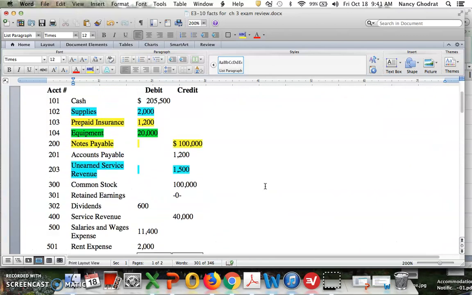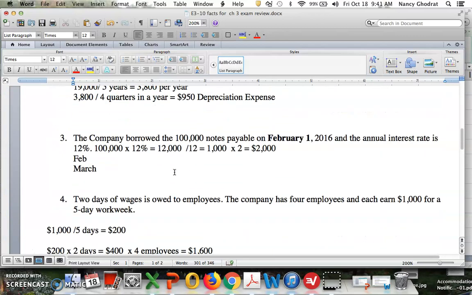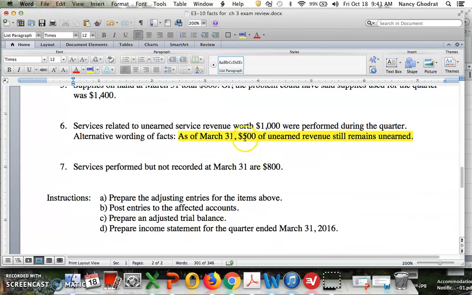If the unearned revenue in our books is 1,500 right now, the unadjusted balance, and it should be only 500, then 1,500 minus 500, the rest of it, the $1,000, we must have earned.